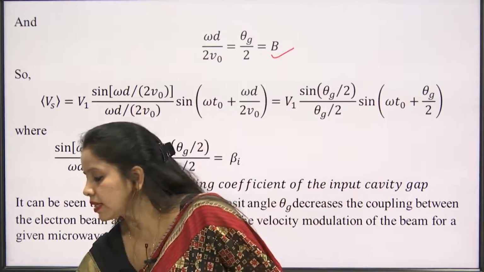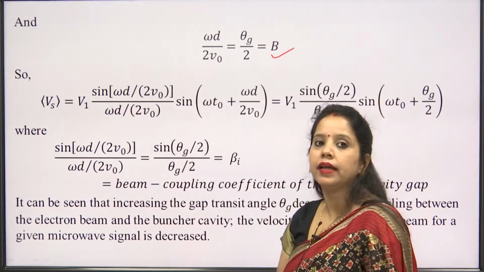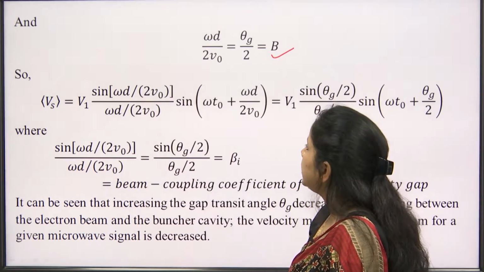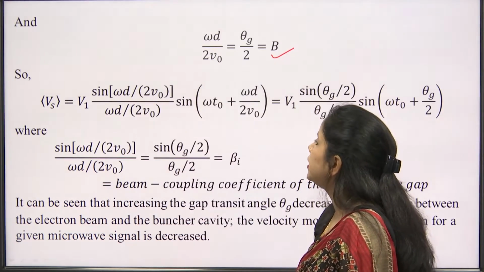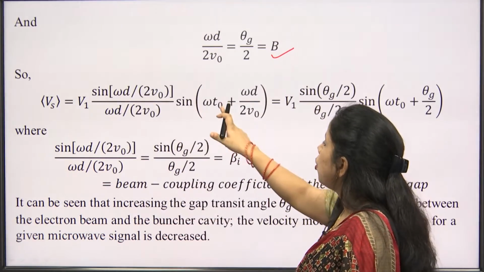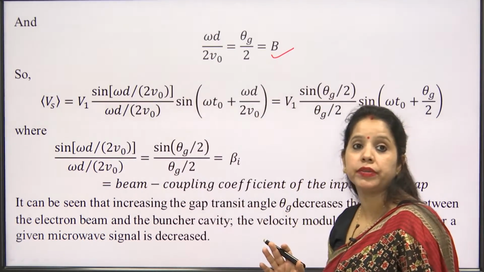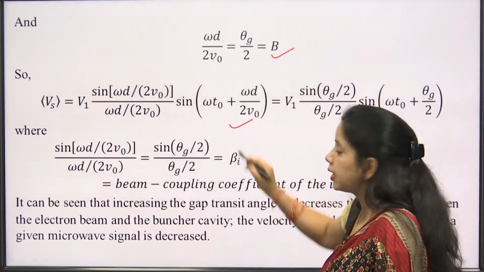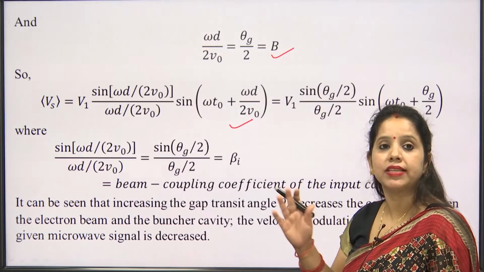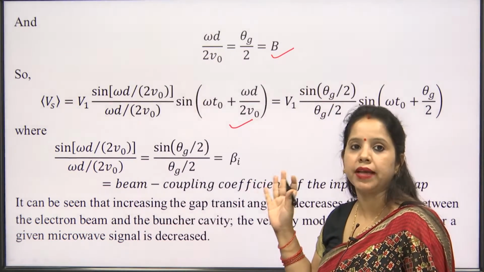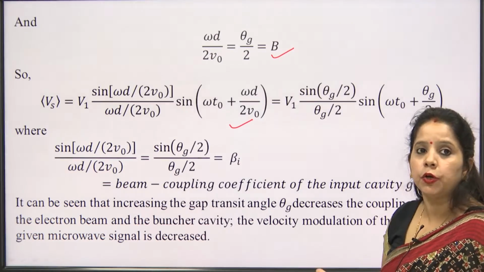So, that is the expression which is written here now: V1 sin (omega d by 2 V naught) upon (omega d upon 2 V naught) sin (omega T naught plus omega d by V naught). If you are able to solve these equations, then only you are able to get this final expression. Cos A minus B plus cos A plus B gives 2 sin A into sin B. This is the normal general trigonometric identity.